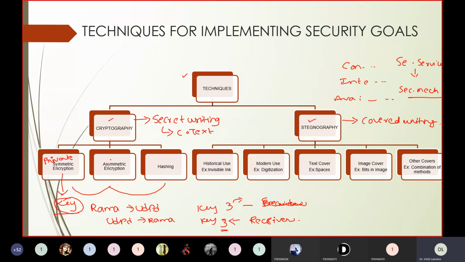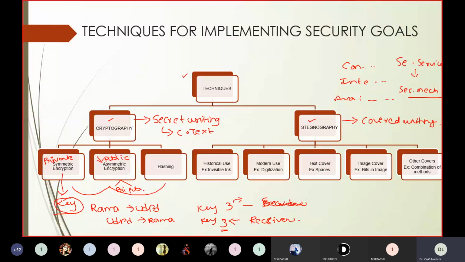Next, coming to asymmetric encryption, this encryption is known as public key encryption. Here it contains two keys: one is the private key and the other is the public key.